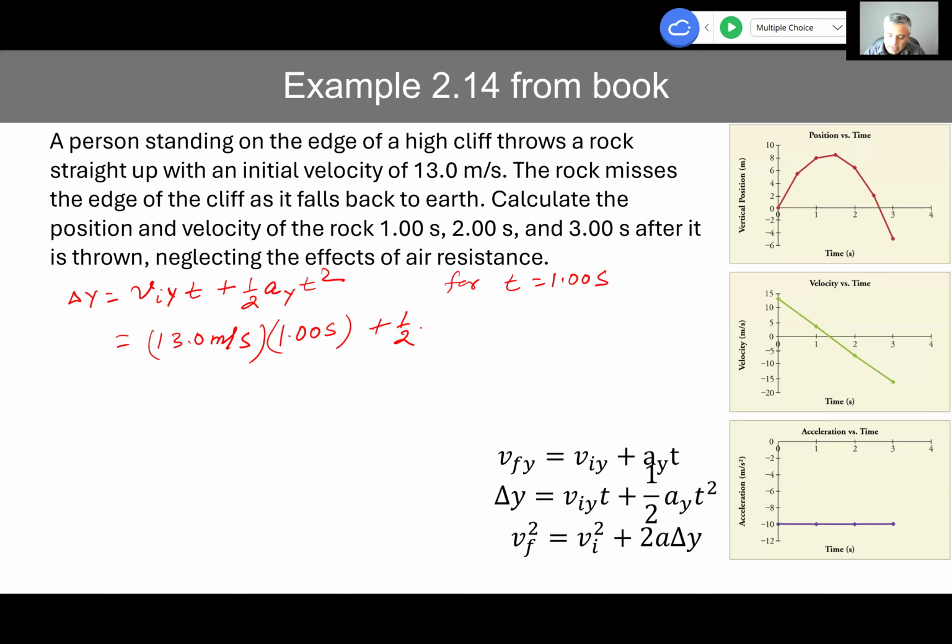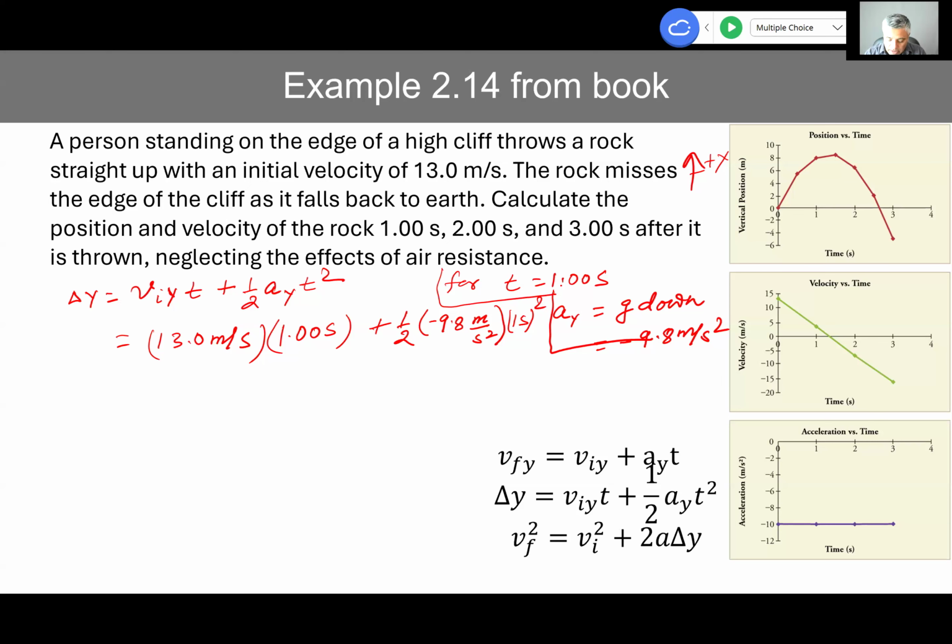Plus half a_y. a_y is g down. Here we are using up as positive y, so that means it's going to be negative g, which is 9.8 meters per second squared. And time is 1 second squared, right?